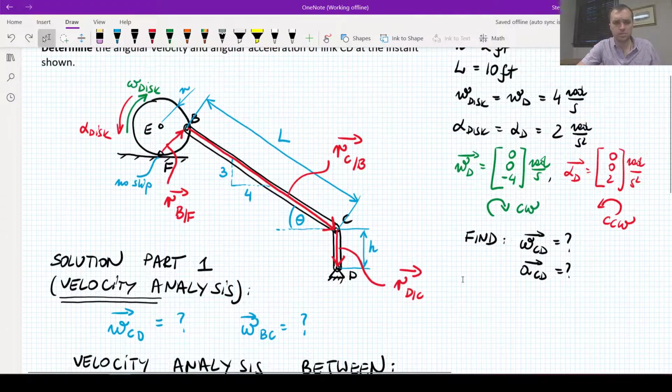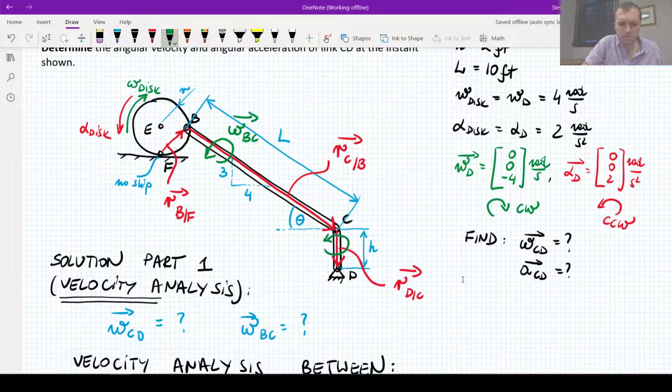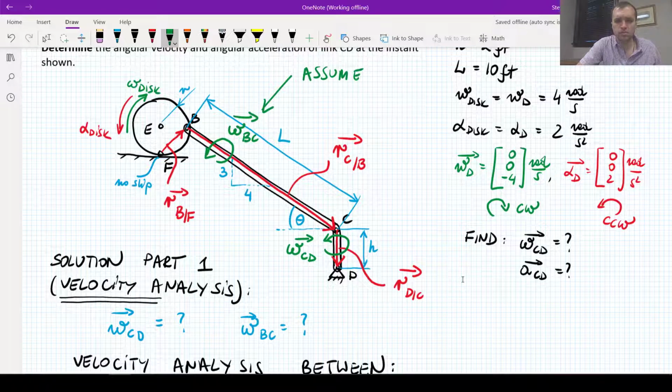So omega BC is omega rotating this body. So this is omega BC. And this one will be omega CD. Please observe that I assume positive direction of these two omegas. By positive, I mean, of course, counterclockwise.